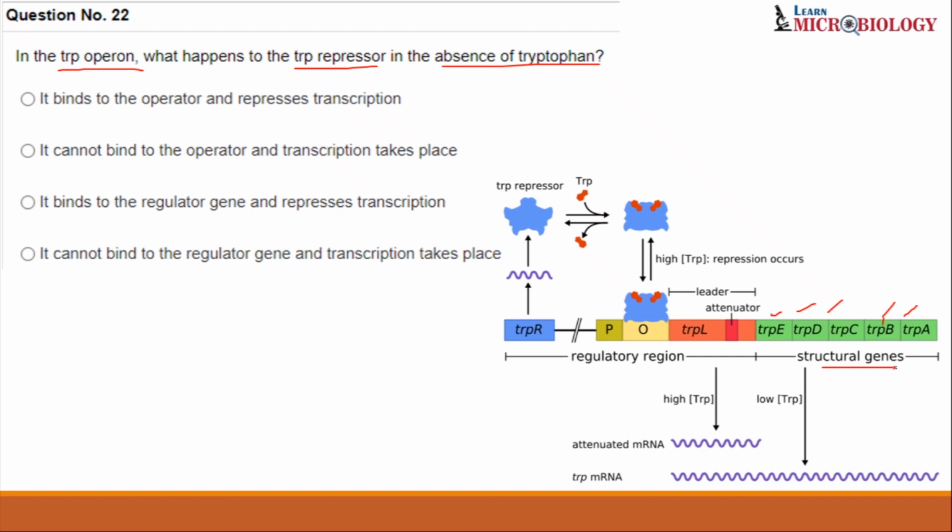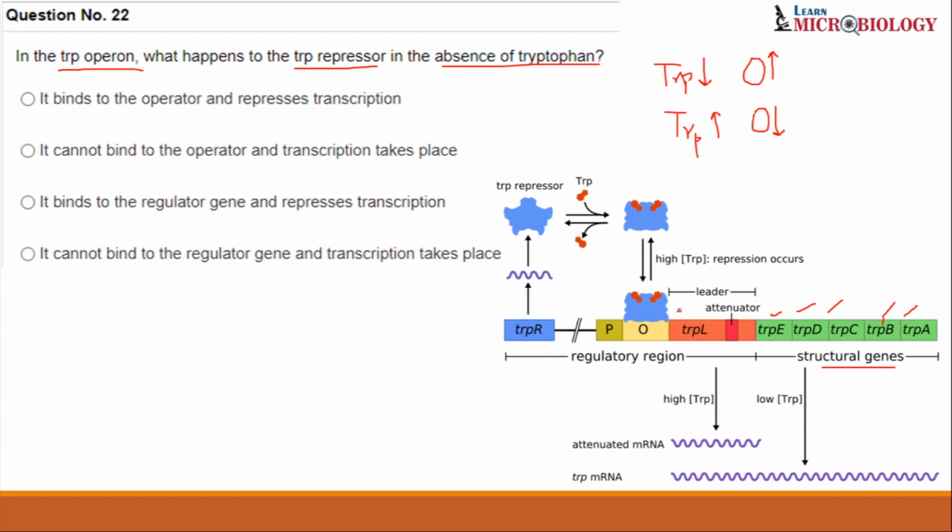So if the TRP level is low in the cell, only then the operon will be active. If the TRP level is high, there is no need of synthesizing additional tryptophan, so the TRP operon will be off. This is just opposite to lactose, where when lactose is high, the operon is active. There is some difference here.